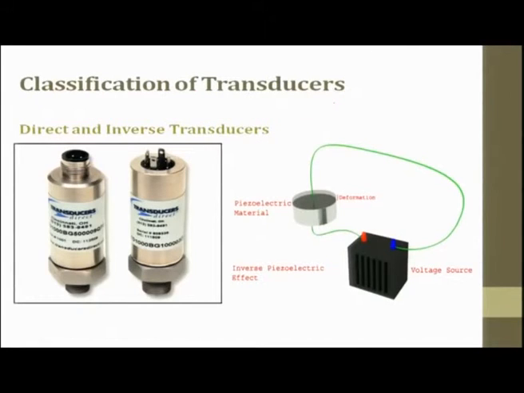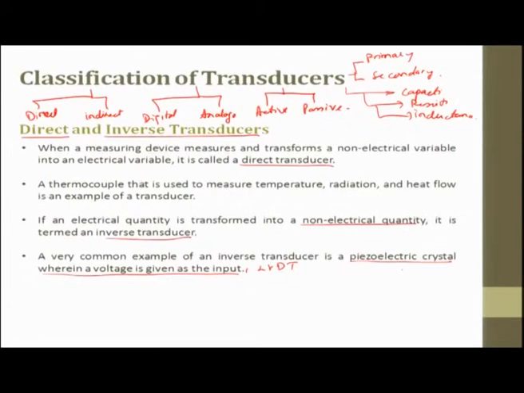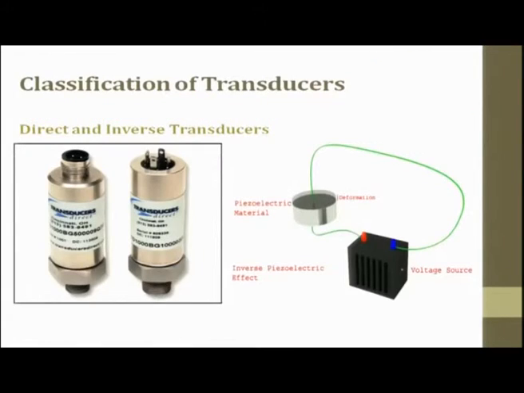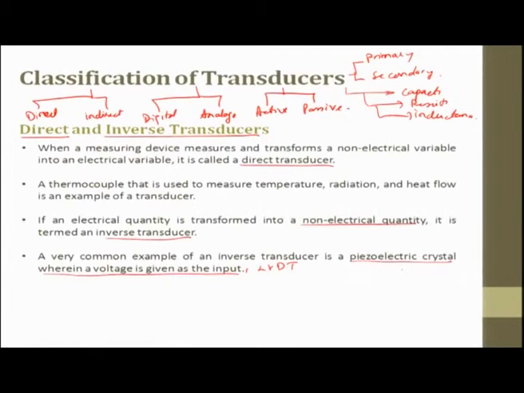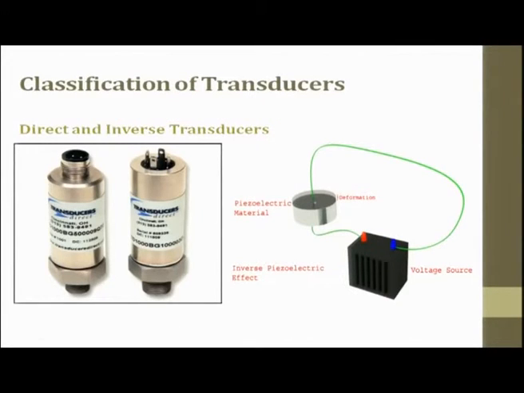Let us see an example of a direct transducer and an inverse transducer. What is a direct transducer? When a measuring device measures and transforms a non-electrical value into an electrical value, it is direct. When it converts an electrical signal into a non-electrical quantity, it is called inverse. Here we can see a piezo crystal.